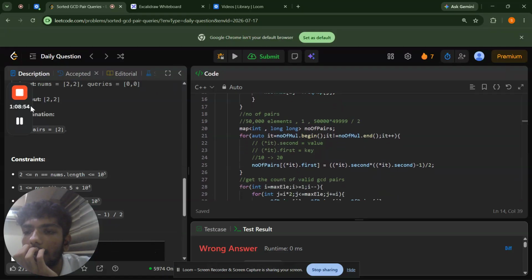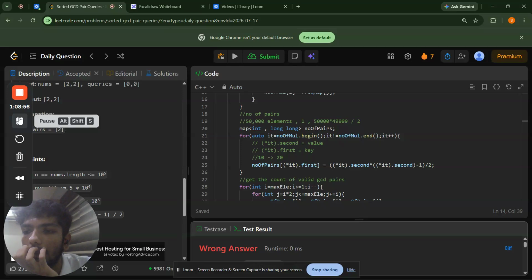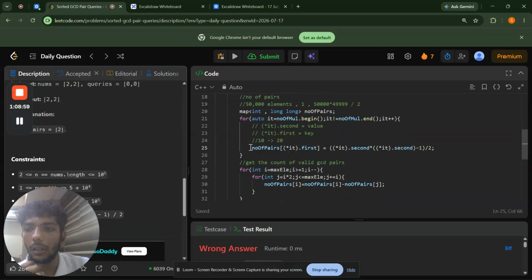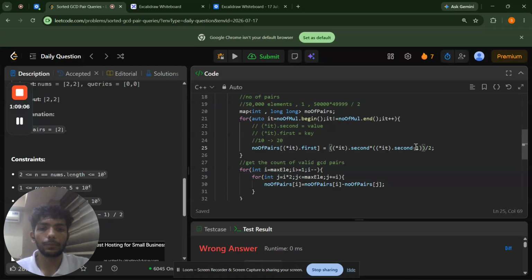I'll just pause and return. Okay, so I guess I found out where the error is. Here it was a bracket issue.